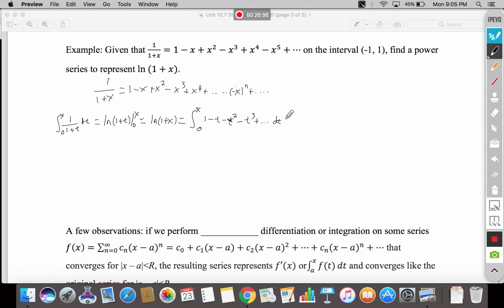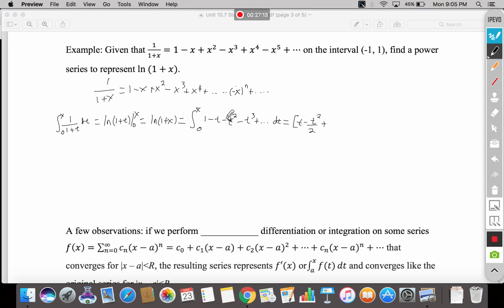Which I know is equal to, when I take the antiderivative, t minus t squared over 2 plus, I got my signs wrong, didn't I?